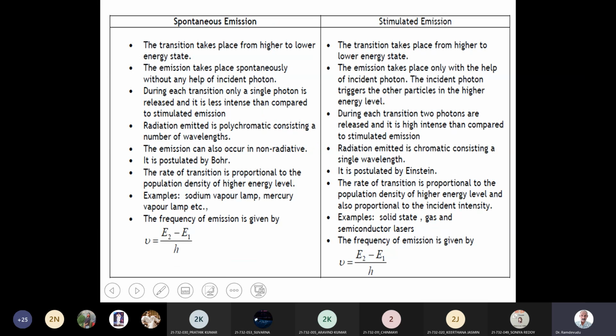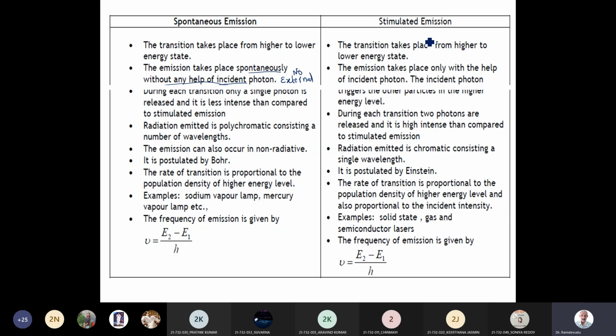what is the difference between the spontaneous emission and stimulated emission? What is more important is that spontaneous emission takes place without external energy, without the help of any external incident photon. No external photon is required.